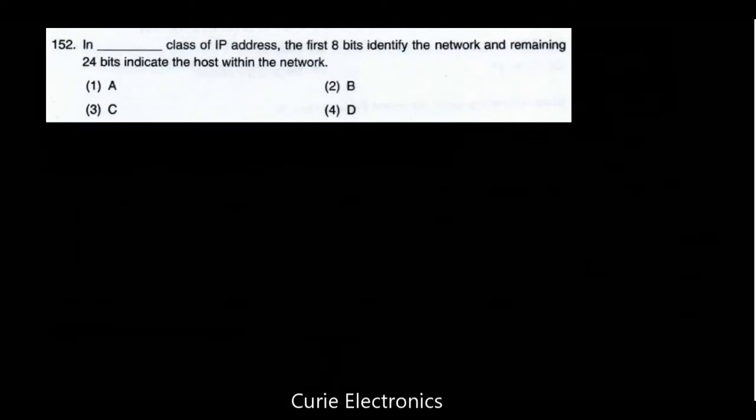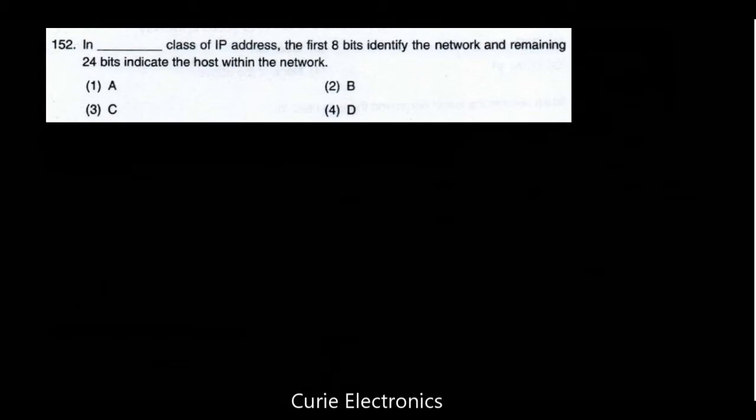Question number 152. In dash class of IP address, the first 8 bits identify the network and the remaining 24 bits indicate the host within the network.